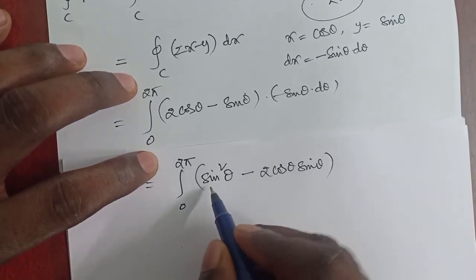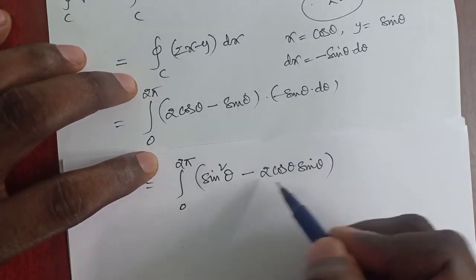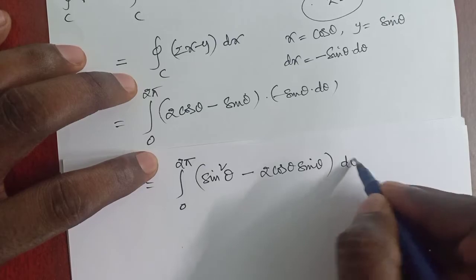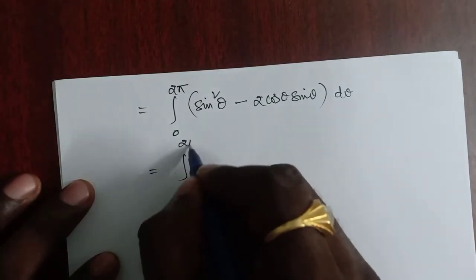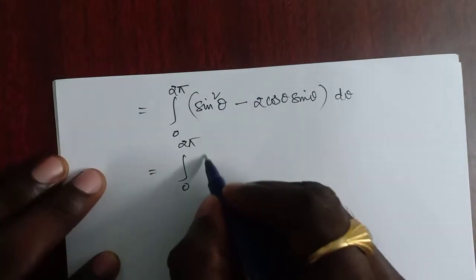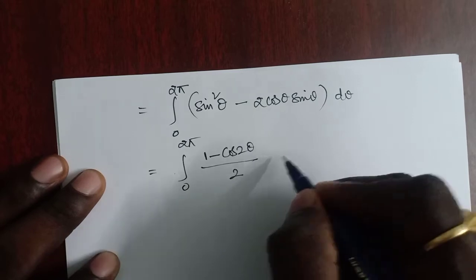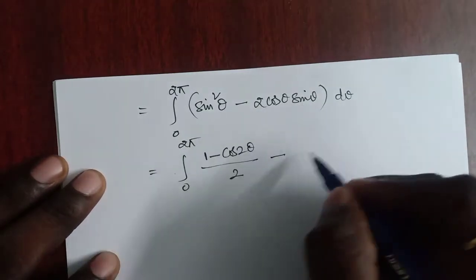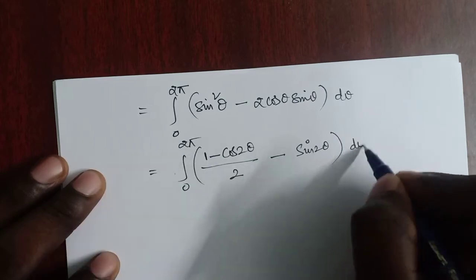Take the positive one as first and the negative one as second. So sin square theta minus 2 cos theta sin theta d theta. Now from 0 to 2 pi, sin square theta can be rewritten as (1 minus cos 2 theta) by 2, and minus 2 cos theta sin theta can be rewritten as minus sin 2 theta, d theta.